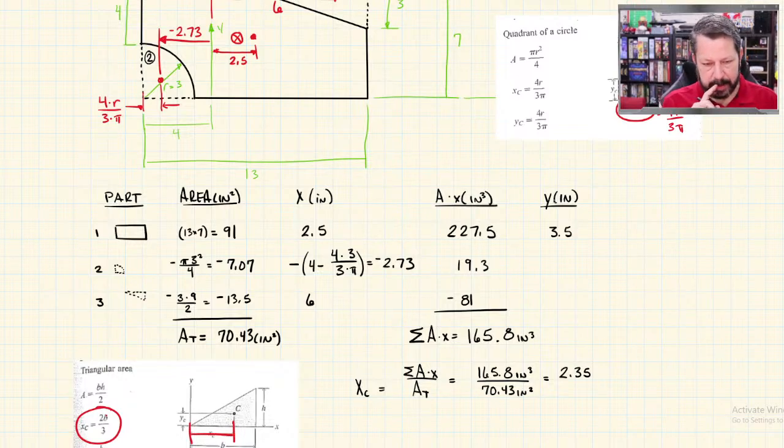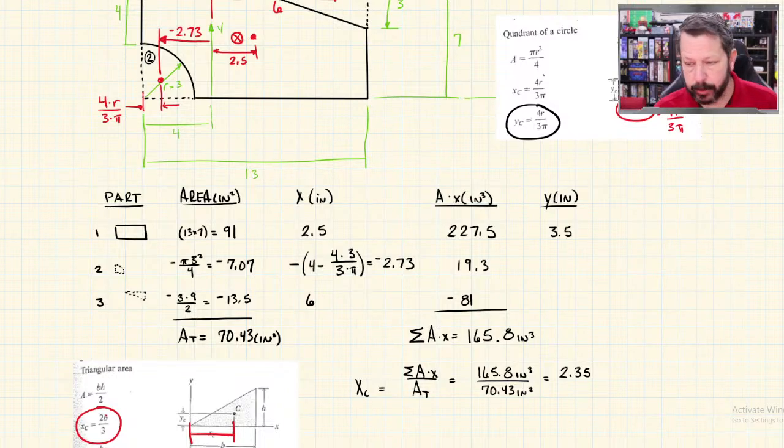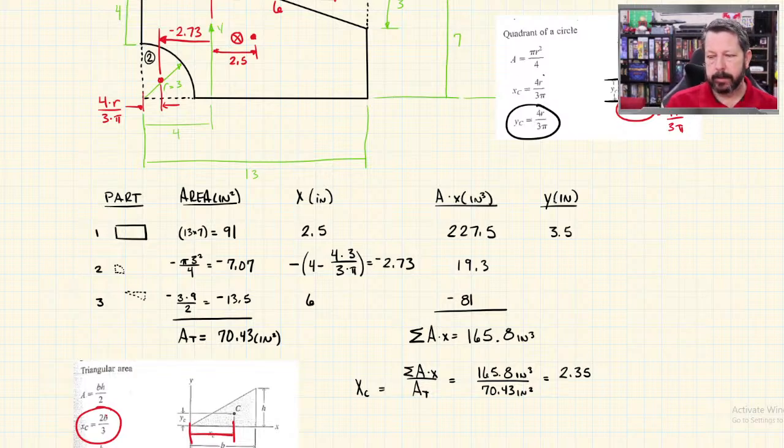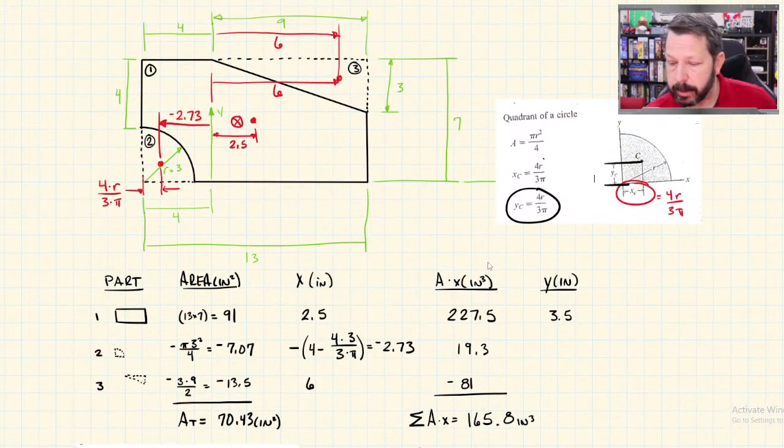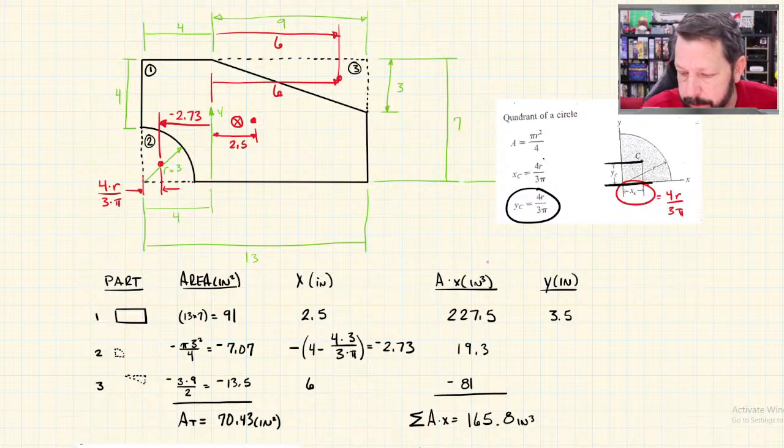I have the quarter circle here. Now, fortunately, the quarter circle y sub c is the same as x sub c, and the place where y sub c is measured from is the same place I'm measuring from. I have the x-axis right flush with the bottom of the quarter circle, and my reference chart also has y sub c measured from the bottom of the quarter circle. So I can just use 4r over 3 pi.